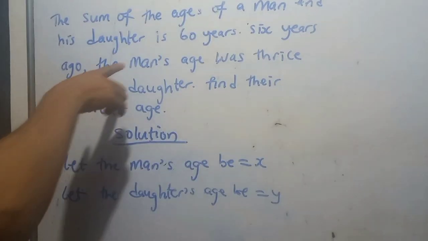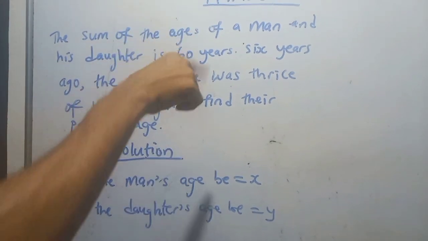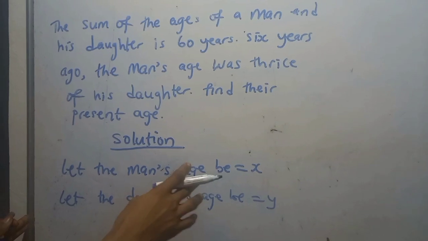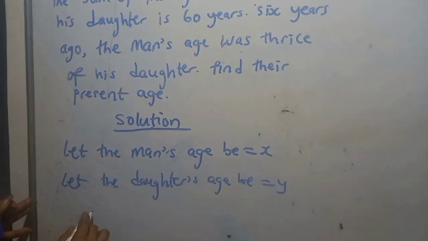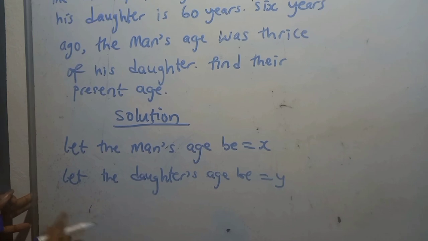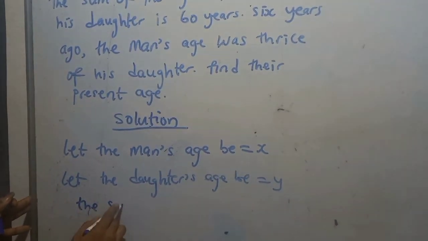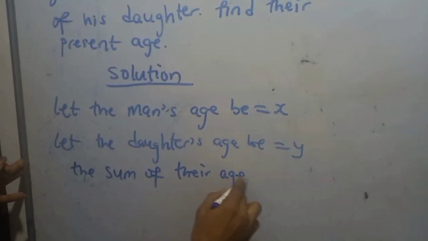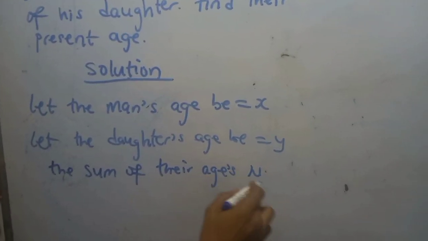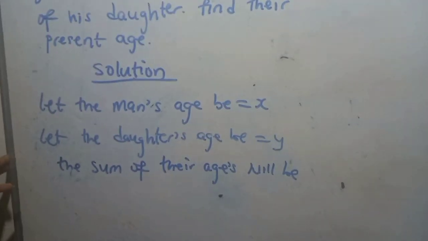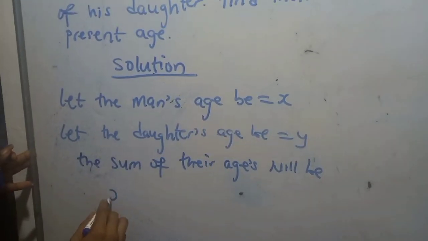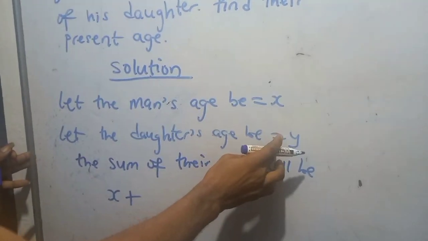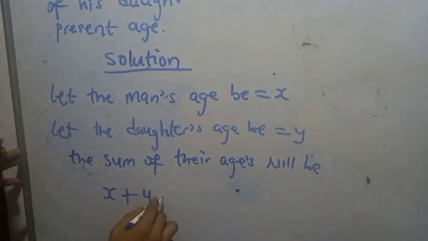What next? The sum of the ages of a man and his daughter. The man's age is X, and the sum is addition, so plus the daughter's age, which is unknown, is Y. So what is the sum?